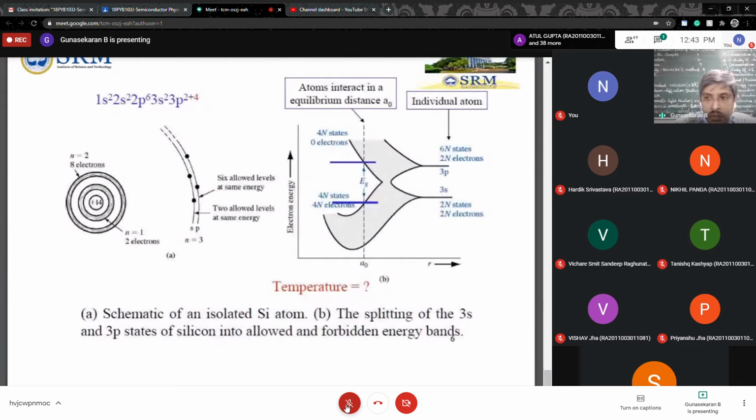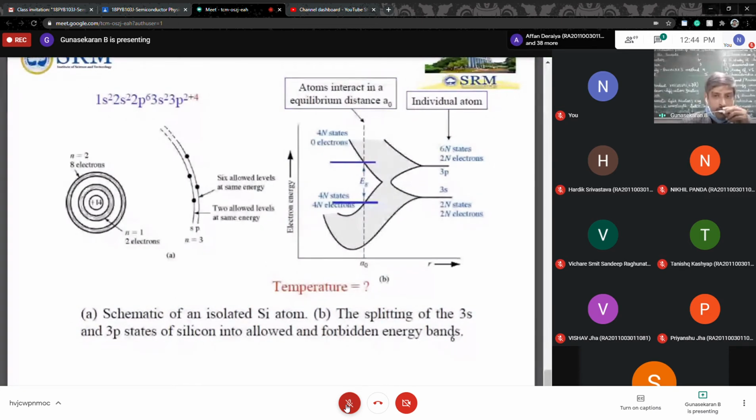So there are 6n states, but only 2n states are occupied because only 2 electrons are available. Now they interact with the neighboring atoms, and the 4n states here have 0 electrons. Once they collapse, the same 4n states now have 4n electrons. Do you understand?